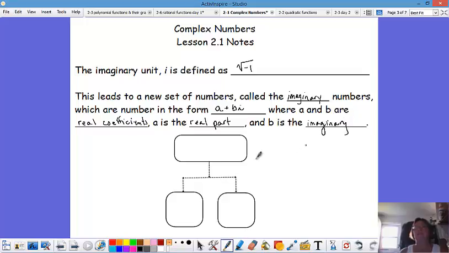Now together with the real numbers that we know and the imaginary numbers that we're going to talk about today, those two sets make up the set of complex numbers. We're going to be studying those complex numbers more thoroughly as we go through this course.